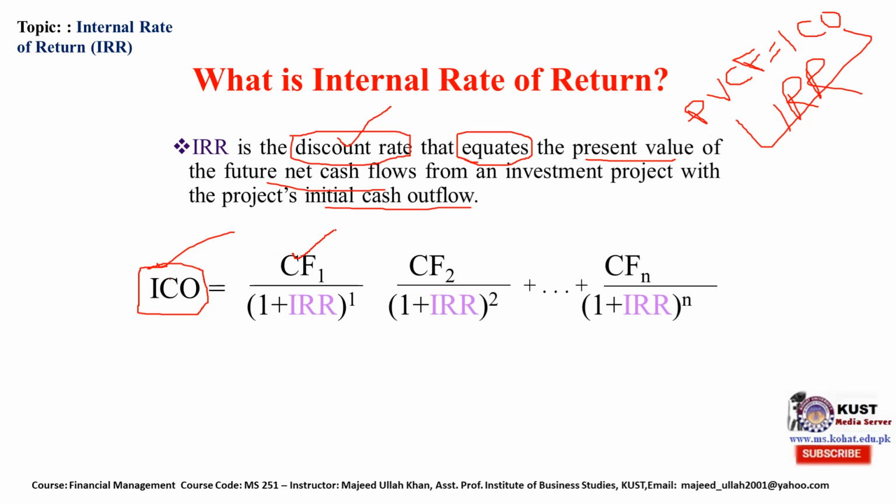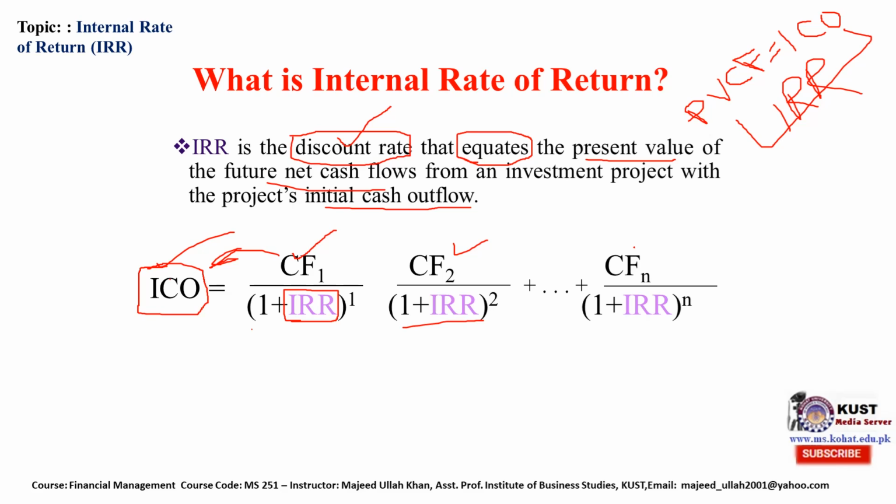This is the cash flow of the first year, and when it is discounted with the internal rate of return, it gives a present value comparable with the initial cash flow. This is the cash flow of the second year. When it is discounted with IRR for the second year, it gives the present value of this cash flow.